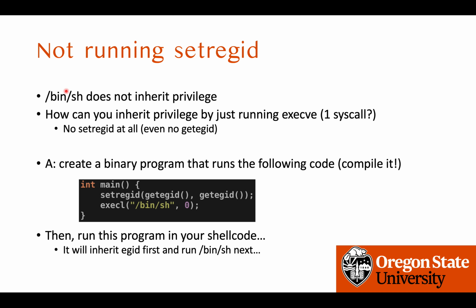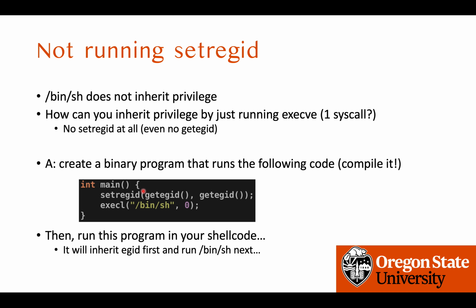So one of the tricks is that you can create a binary program that runs the following code: just write a main function that runs setregid, getegid, and then runs /bin/sh, and compile this program. In your shellcode, without calling these system calls, just do execve and run this program. Your shellcode will run this program, and this program will do getegid and setregid, and then run /bin/sh.